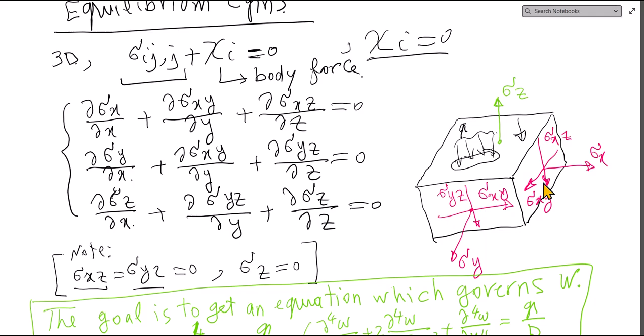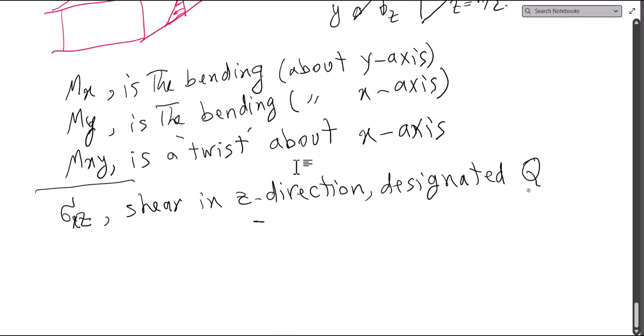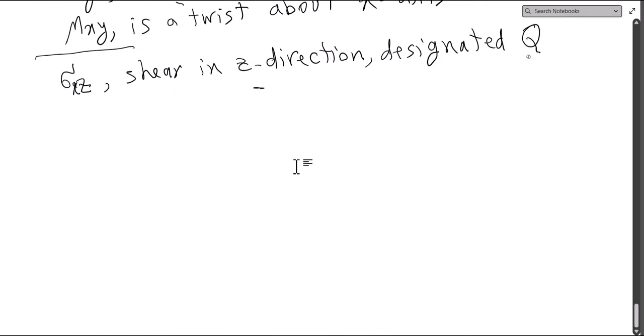But the trick here is that by order of magnitude they are small, but we cannot ignore them because of the requirement that we have here for equilibrium. That's a very important point to understand in plate theories in general.